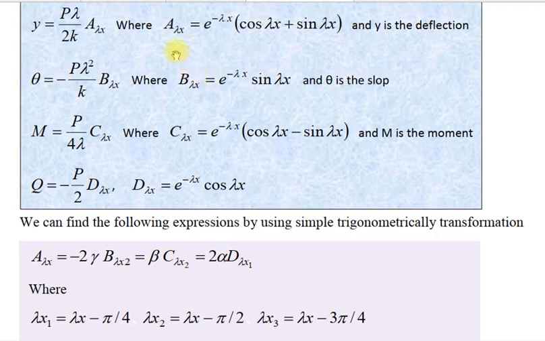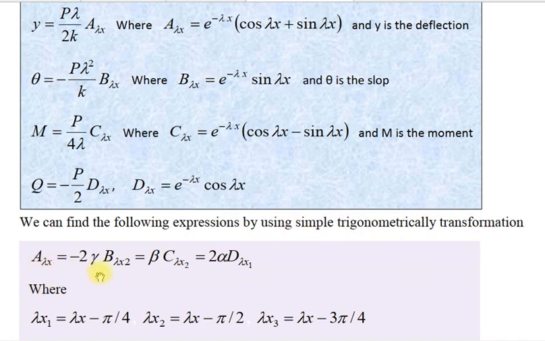These factors of lambda x can be obtained from each other since they are essentially all of the same type. Look, for example, at A lambda x. It consists of e to the minus lambda x. Also B lambda x, C lambda x and D lambda x. All of them also have a trigonometric function, cosine lambda x or sine lambda x. Therefore, we can find the following expressions by using simple trigonometric transformation.